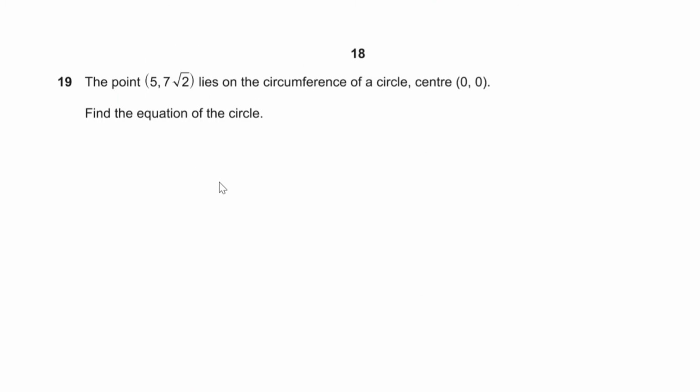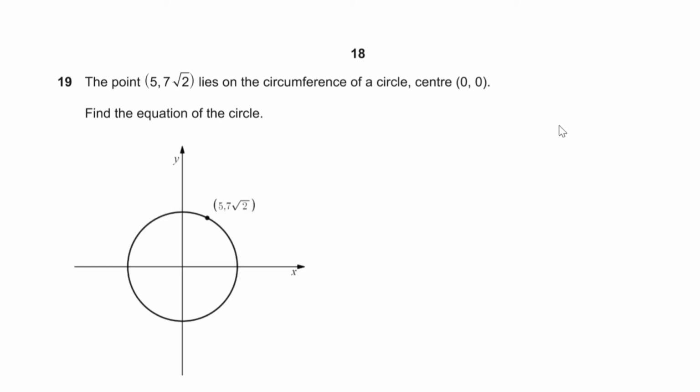Question number 19. The point 5, 7 root 2 lies on the circumference of a circle at center 0, 0. We have to find an equation of the circle. Well, here is a diagram to help visualize what's going on. We've got a circle with this point lying on the circumference of the circle. We need to find out the radius.